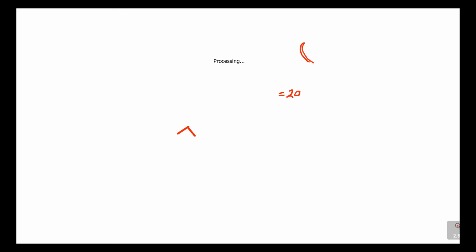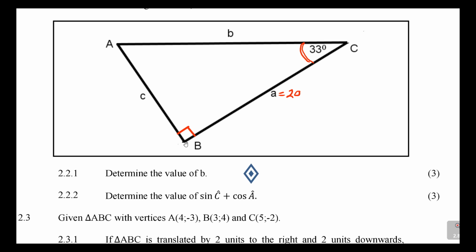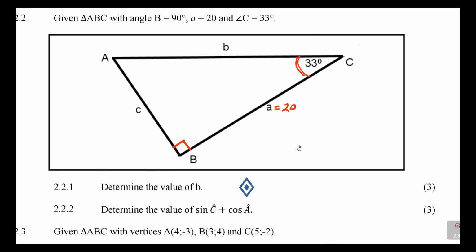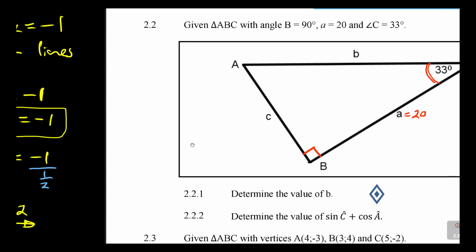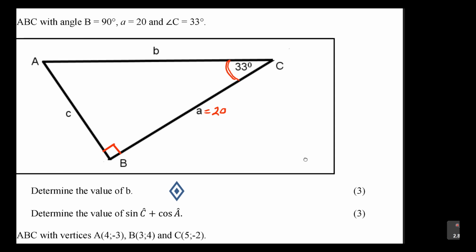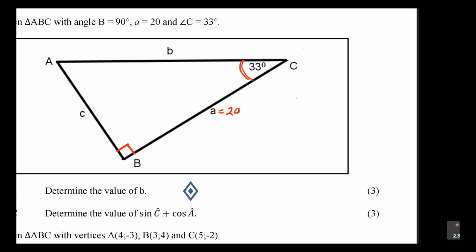So there is nothing there that is assisting me, but you need to know whenever you deal with 90 degrees, there is something important that you need to know, and we call it the trig ratios. And the trig ratios is what? It's SOHCAHTOA. These are trig ratios that you need to know.